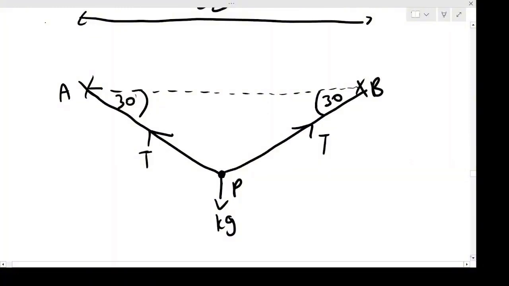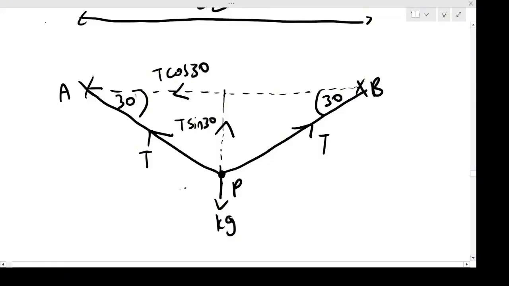Now, if I further do this again, what am I going to have to do? I have my tensions, but I'm going to have to resolve them and split them horizontally and vertically. To do that, firstly, if I resolve this force here, the tension acting up here, I'm going to have to go up and then to the left. Okay, so this side is going to be T sine 30, and then this is going to be T cos 30.